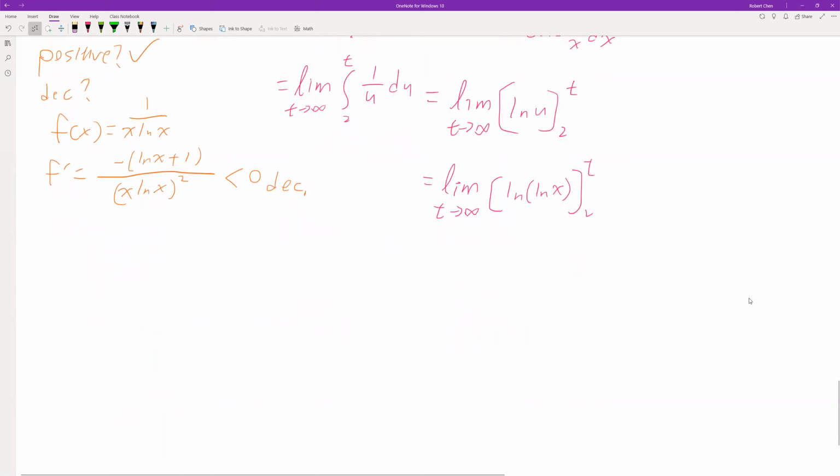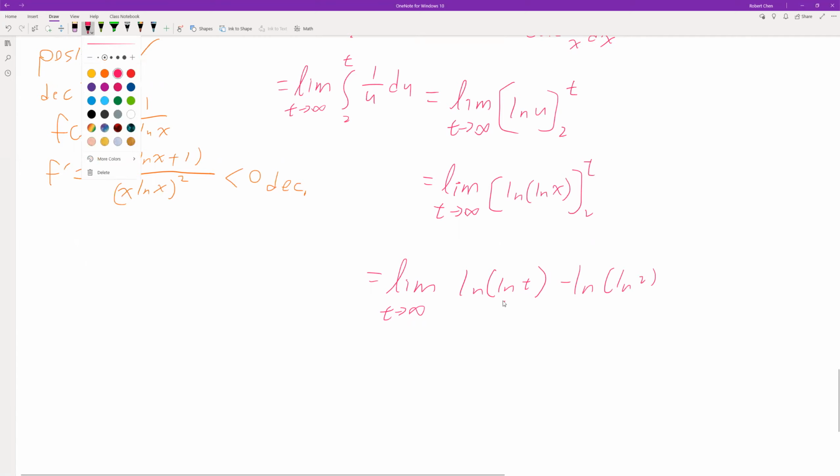All right, here we go. So limit as t goes to infinity of ln of t minus ln of 2. Now we know ln of 2 is going to be finite, but ln of t, as t goes to infinity, this whole term will approach infinity.